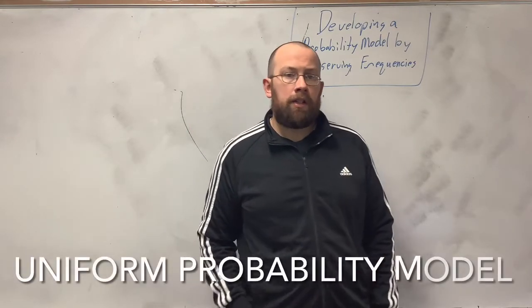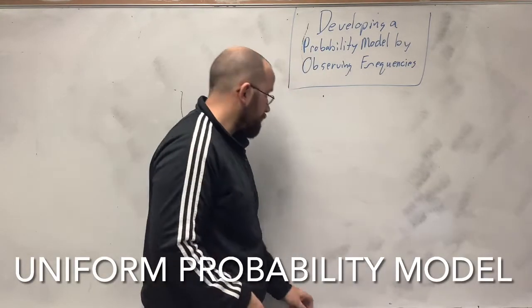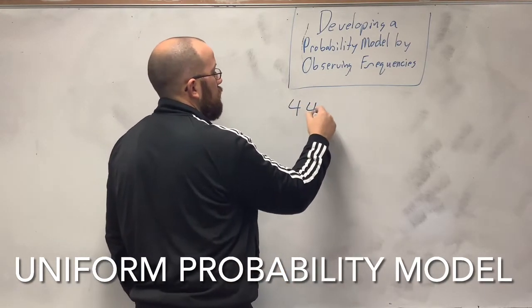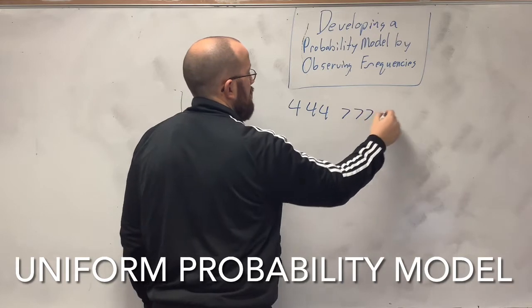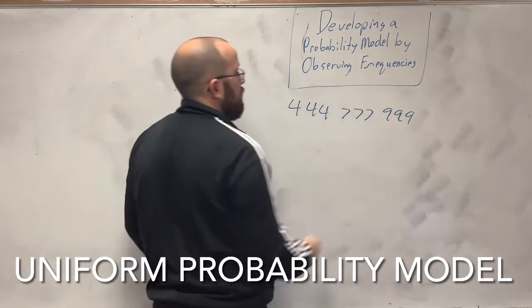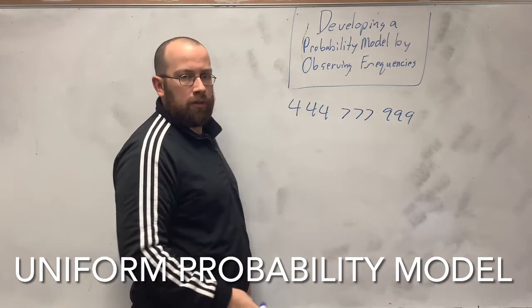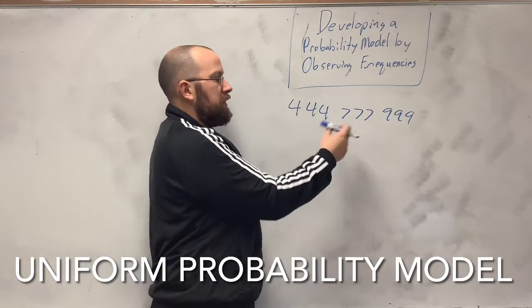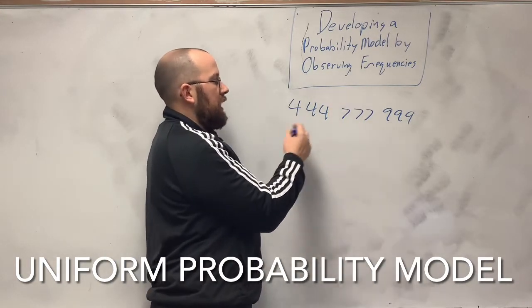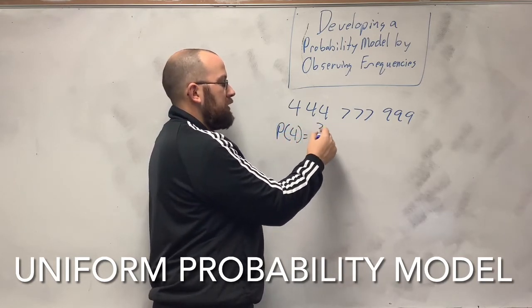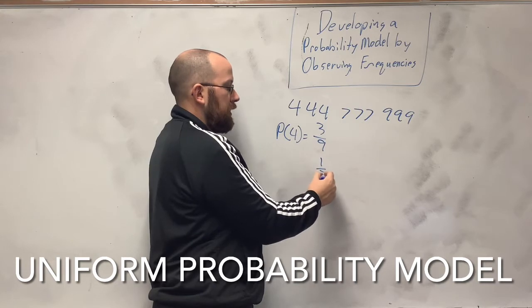Another look at the probability model is, let's say I have 4 4 4 7 7 7 9 9 9. I'm drawing numbers out of a hat, and I draw 3 4s, 3 7s, and 3 9s. What is the probability of me getting a 4? Well, that's 3 over 9, or 1/3.